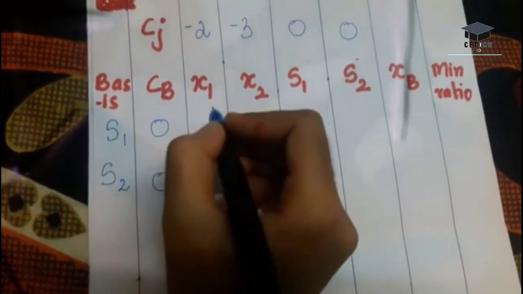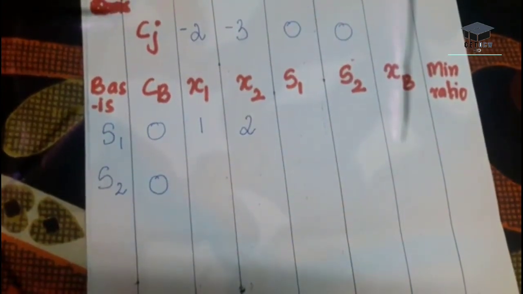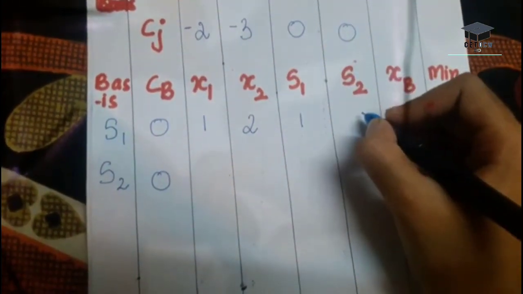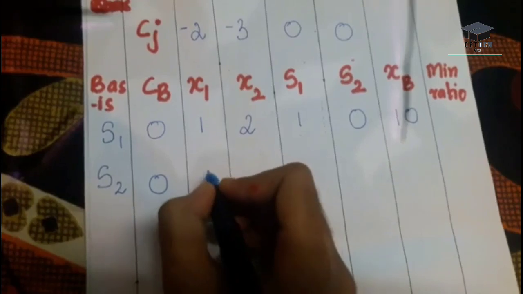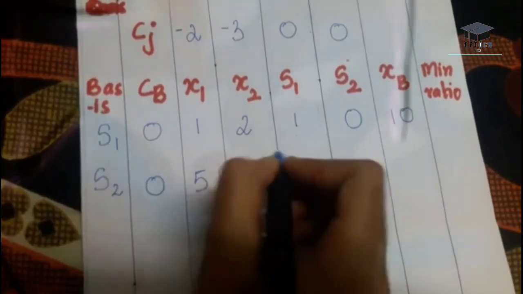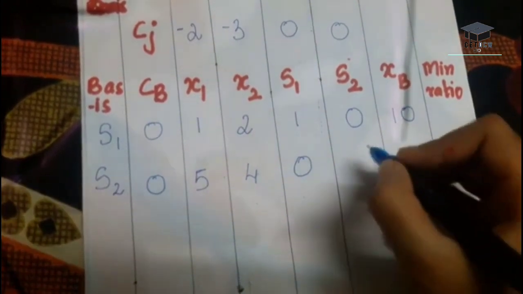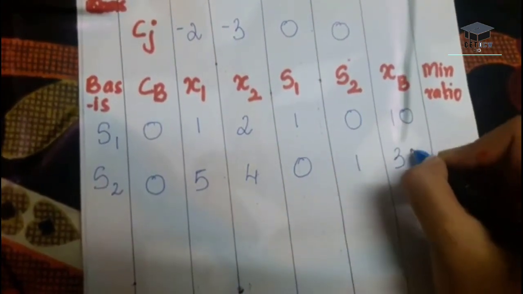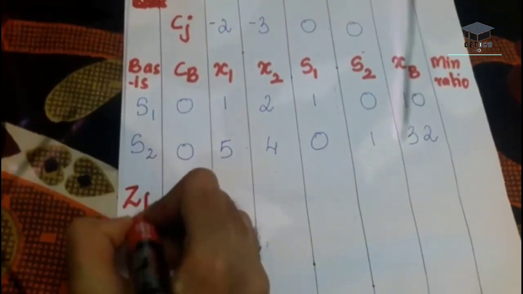Then its values. Then fill all the values. Please do refer to my first video to understand how S1 and S2 are put in the basis column and why the other variables. Sorry, I've written x1 and x2 here. It is the same as x and y. x1 is x and x2 is y.